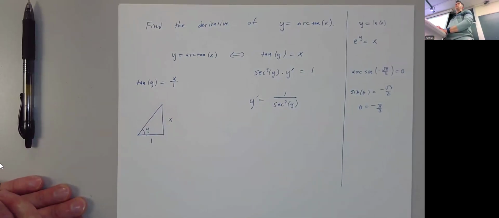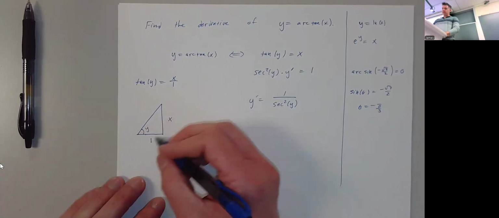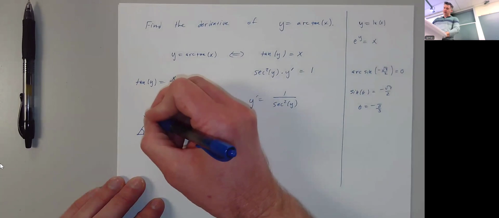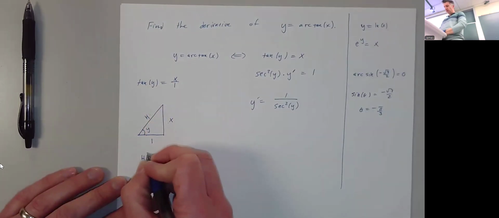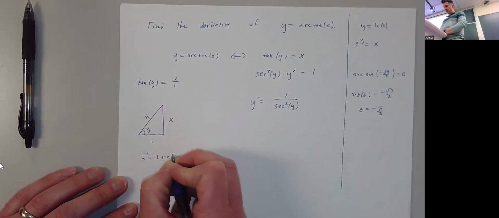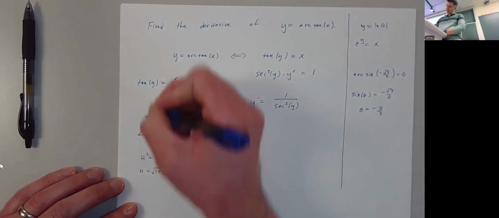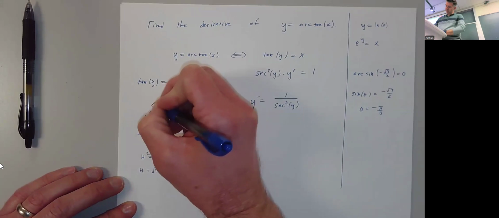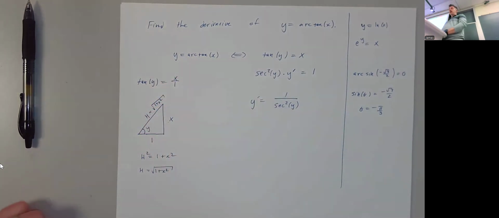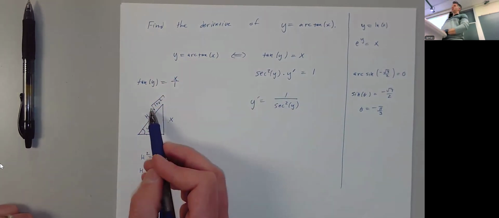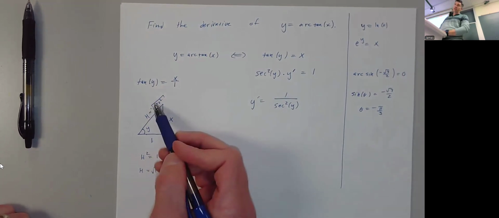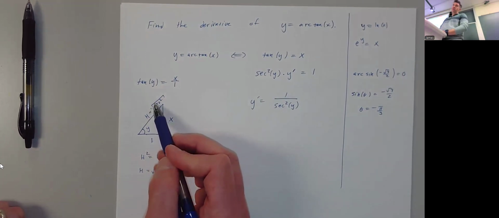Find the third side with the Pythagorean theorem. 1 squared plus x squared equals my hypotenuse squared. So my hypotenuse is equal to the square root of 1 plus x squared. And then cosine would be 1 over the square root of 1 plus x squared. So secant is the square root of 1 plus x squared over 1, or just the square root of 1 plus x squared.